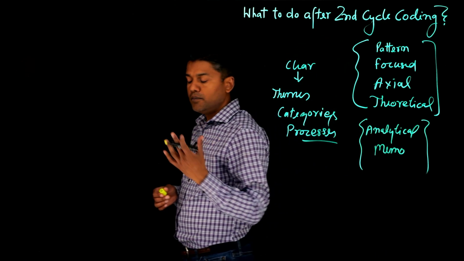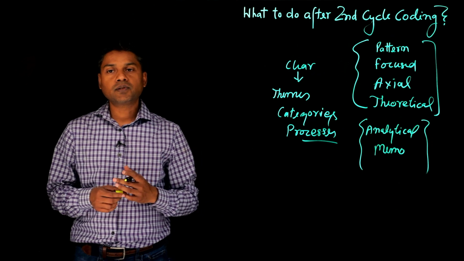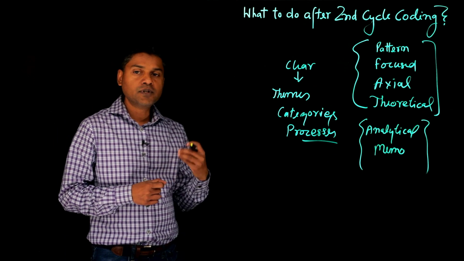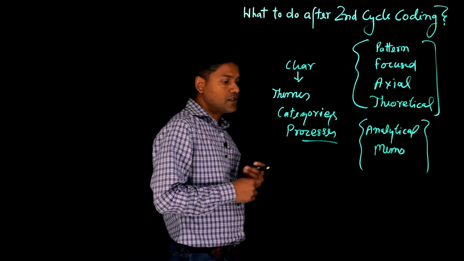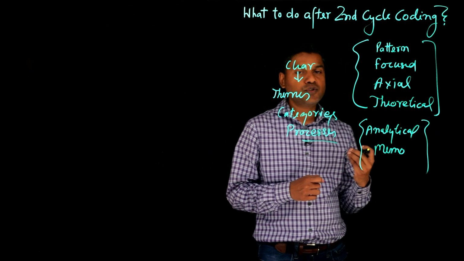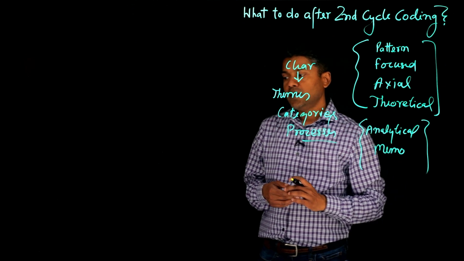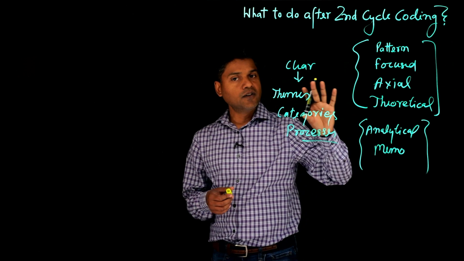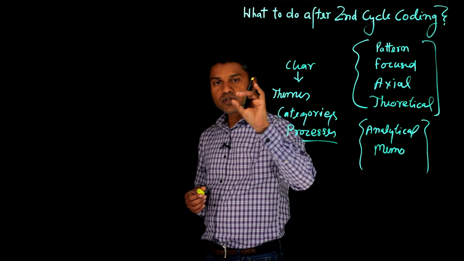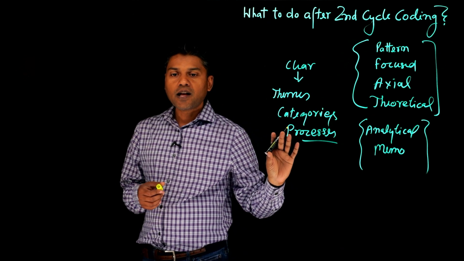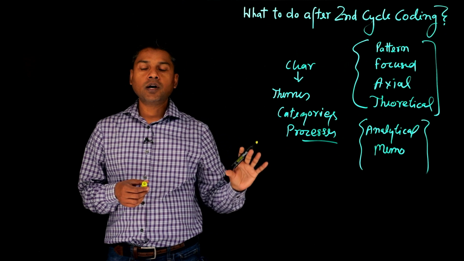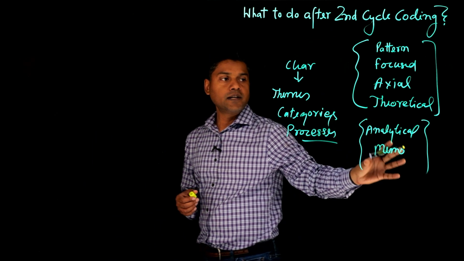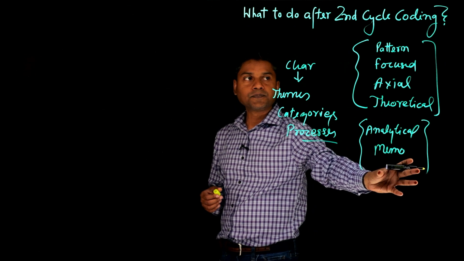Your analytical memos are your reflections about what you notice in the data, what you observe in the data, what are some insights that you are developing as you are doing your coding and your data analysis. So you are doing your first cycle of coding, you are doing your second cycle of coding, and at the same time you are thoroughly engaged in writing some analytic memo as well.